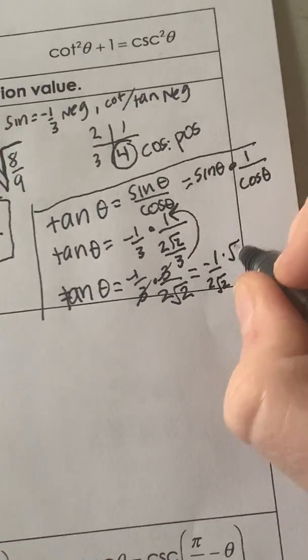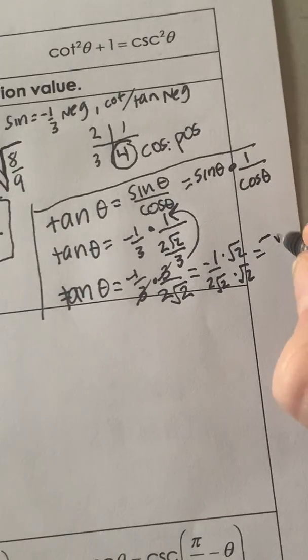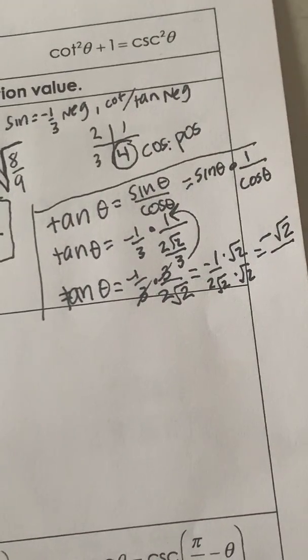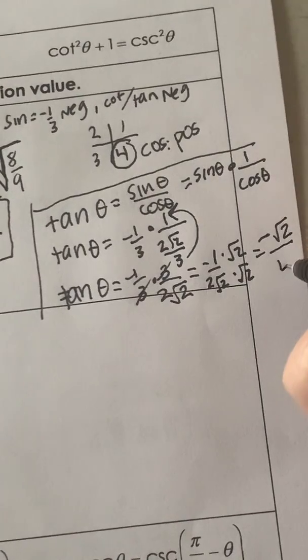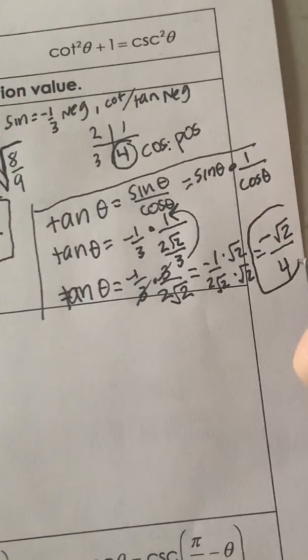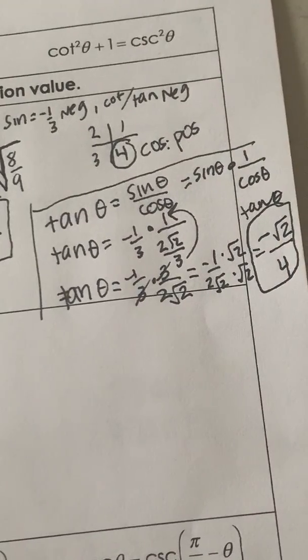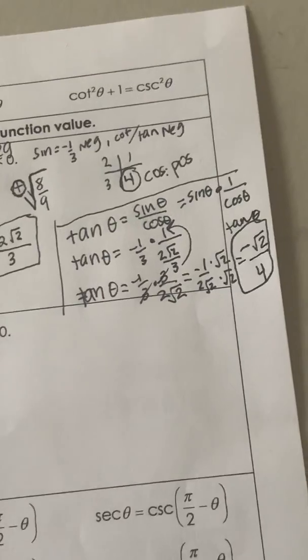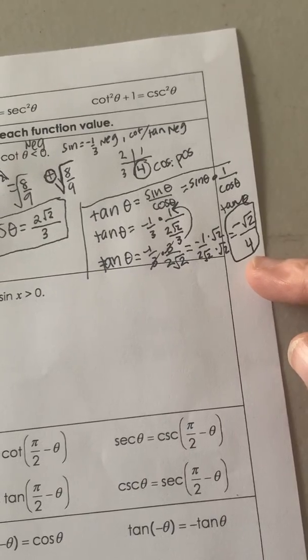And then we have to rationalize. So it'll be -√2/4. That's your tan theta. So we used an identity to find cosine, then we did sine over cosine, simplified, and rationalized to get tan.